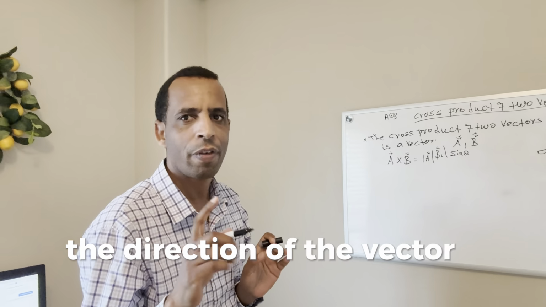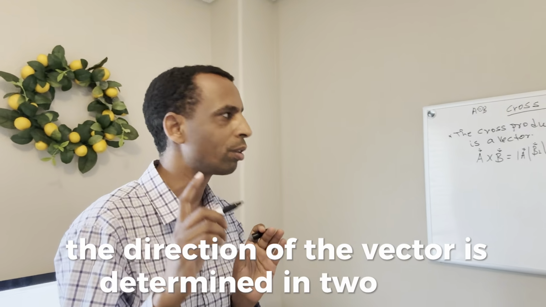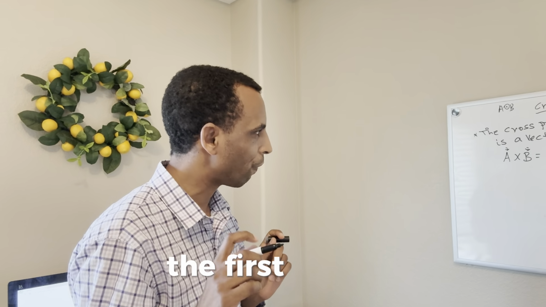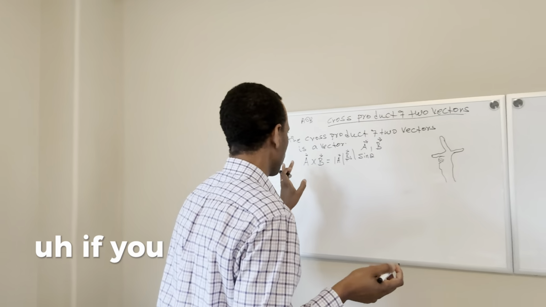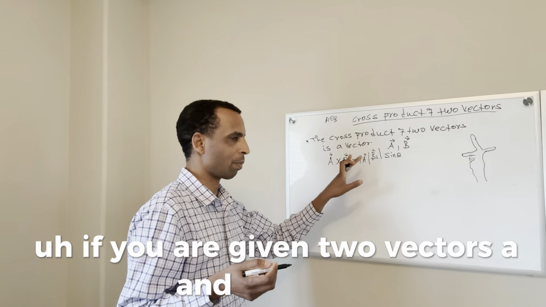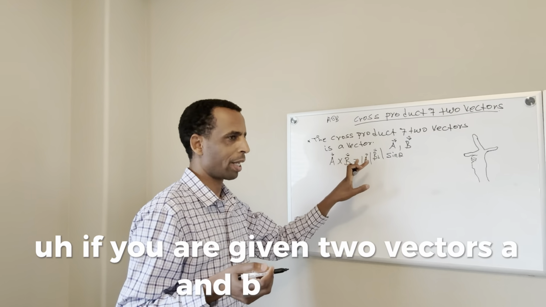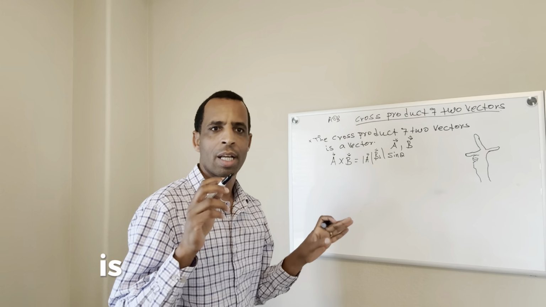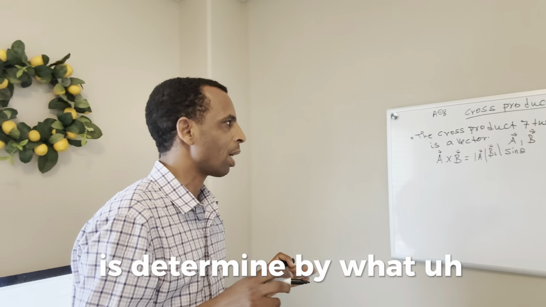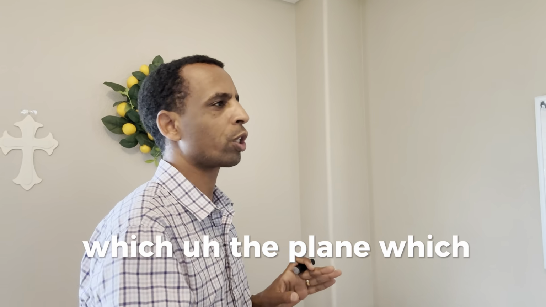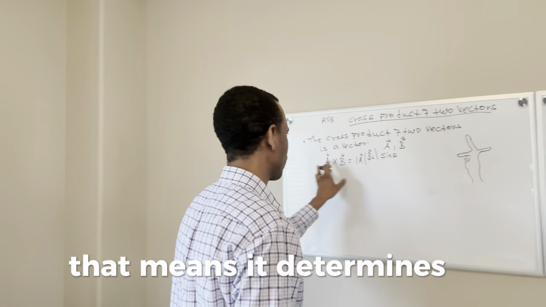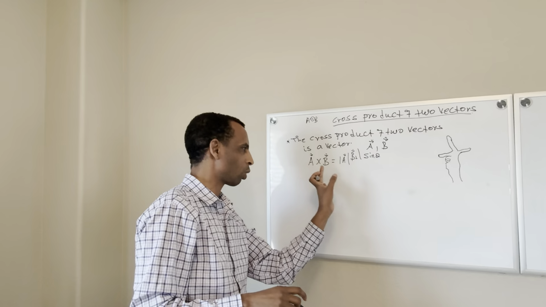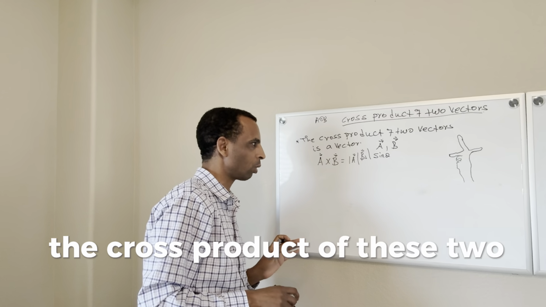The direction is determined by the plane which contains these two vectors. That determines the direction of the cross product of these two vectors.